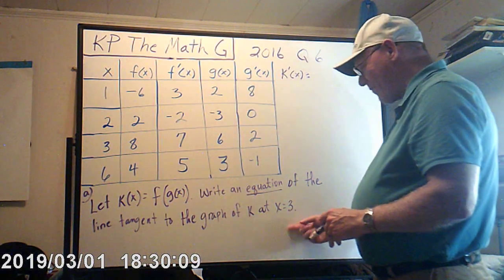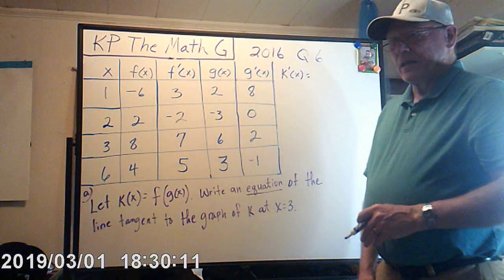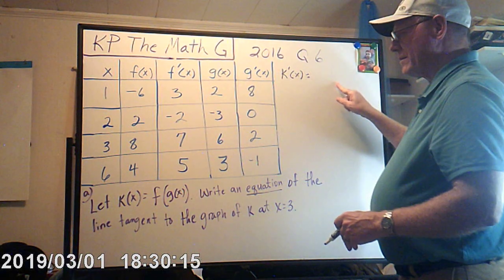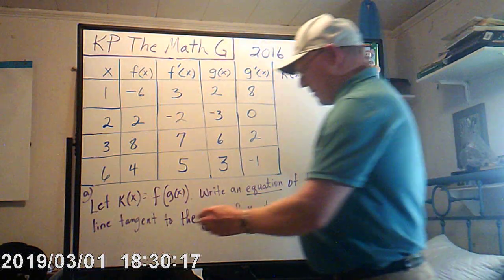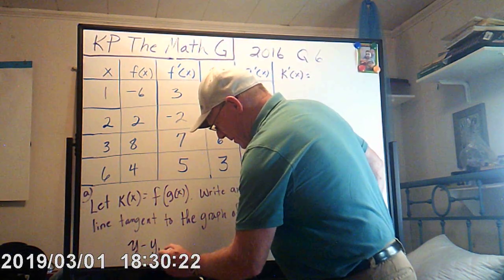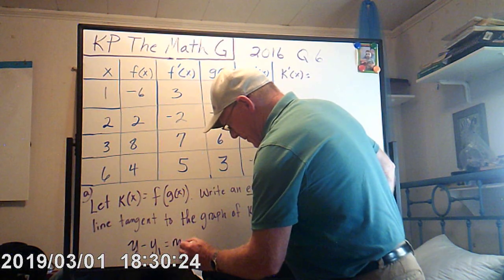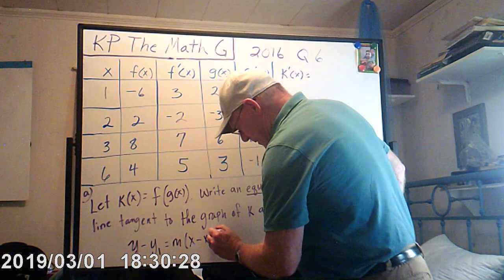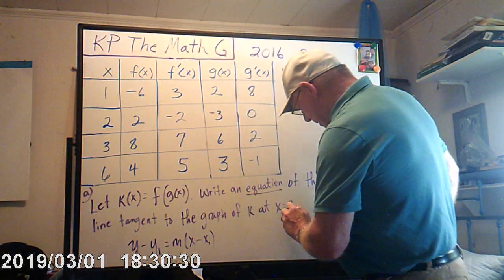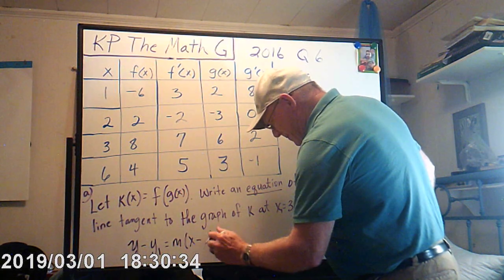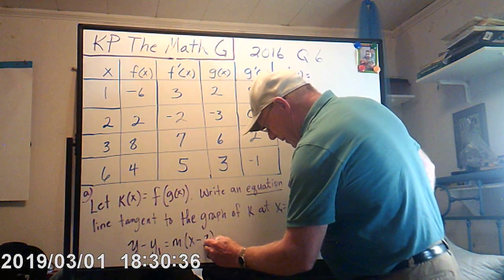I need the y value, and then I need a slope. So I like to use y minus y1 is equal to m times x minus x1. I know already what x1 is. This is 3 right here.